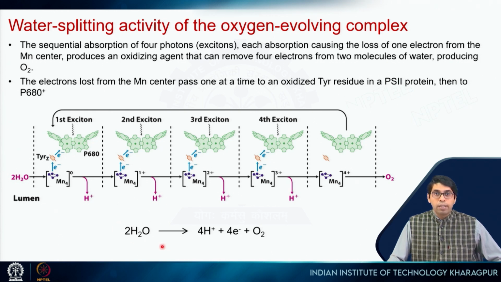So, it can be written like this, that 2 molecules of water will result in 4 hydrogen ions, 1, 2, 3, 4, and passage of 4 electrons. So, you see 1 electron goes, second, third and fourth, and ultimately formation of 1 molecule of oxygen, right.